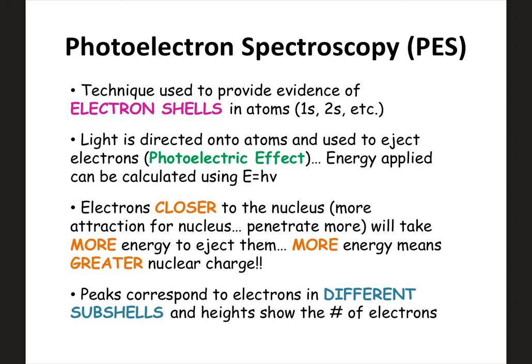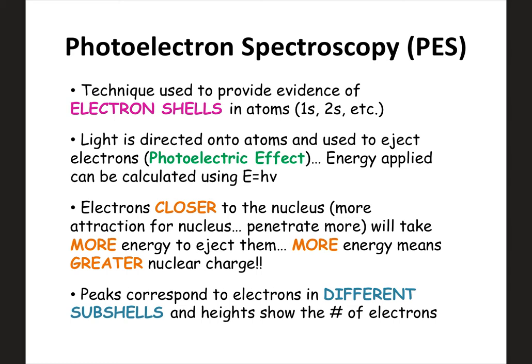And more energy to eject them also relates to the fact that there's a greater nuclear charge. So electrons that are closer to the nucleus take more energy to eject because they're experiencing the full effects of the nuclear charge. This idea is huge, and you really need to understand it.